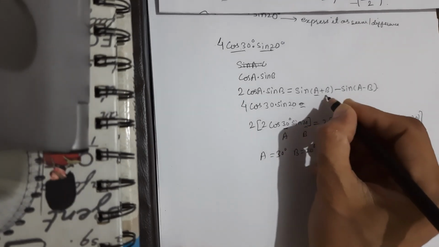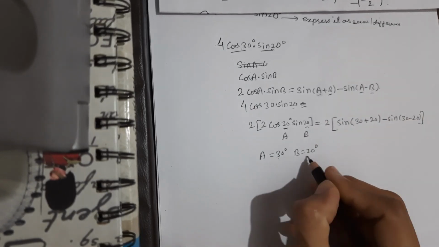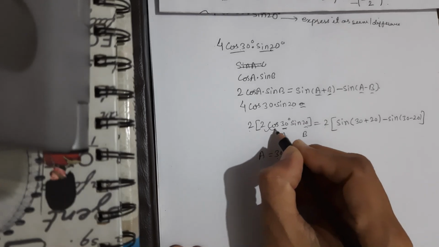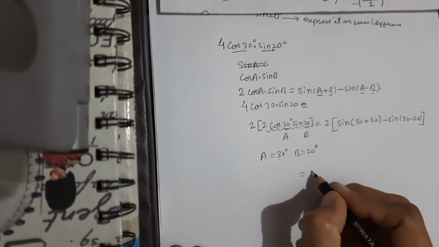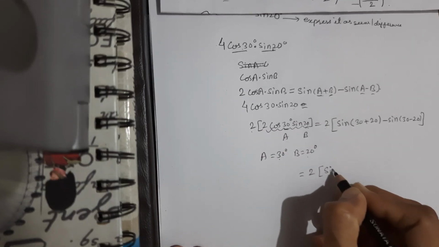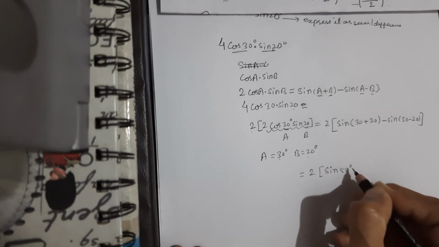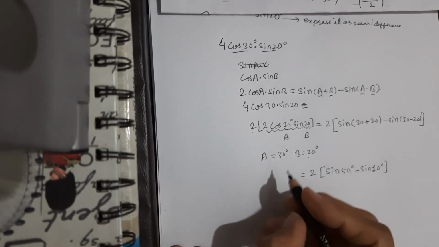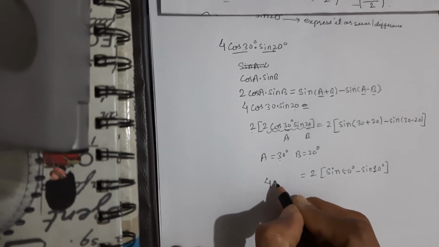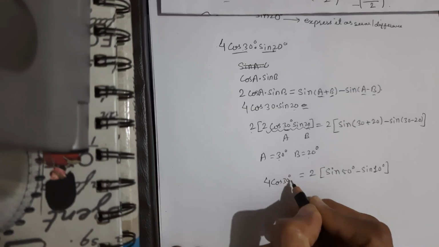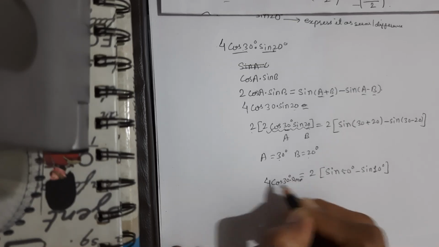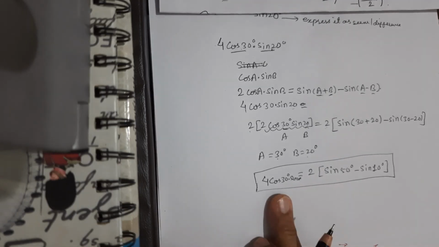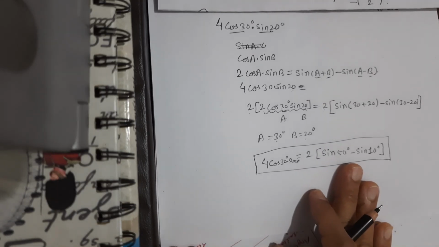I just substituted the values 30 and 20, and this 2 stays outside the bracket. So 2 into (sin 50 degree minus sin 10 degree). That's how we got the value for 4 cos 30 degree into sin 20. So that's how we express the product in the form of a sum or difference.